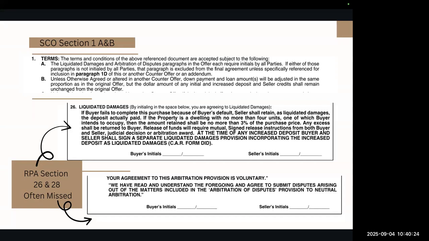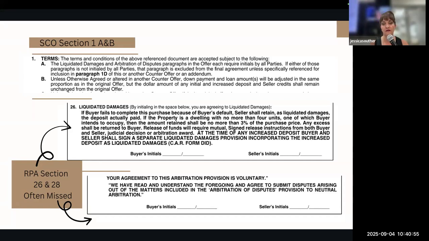What I'm seeing more of these days because of the electronic signatures is that they're automatically initialing the liquidated damages and the arbitration. In your explanation, if one party decides that they don't want the arbitration, even though the other party has already signed on the RPA, both sections of liquidated damages and arbitration, is this a way to remedy that?